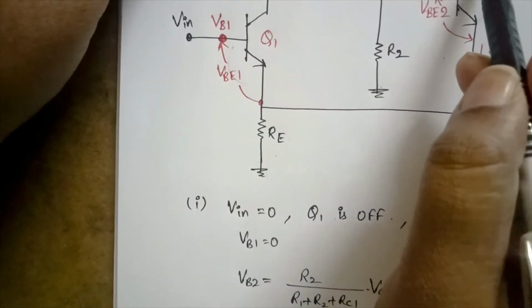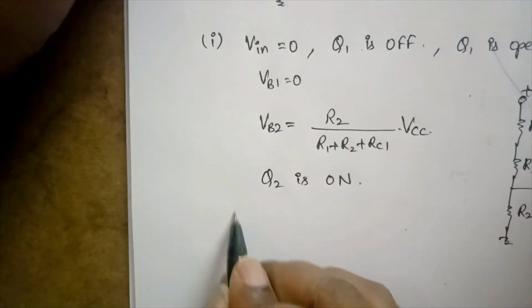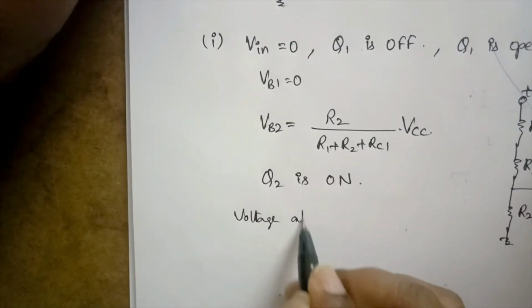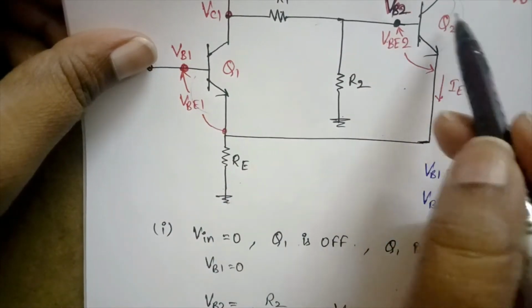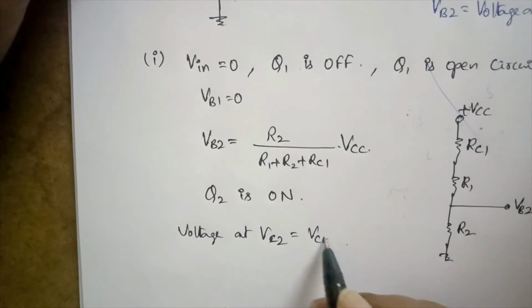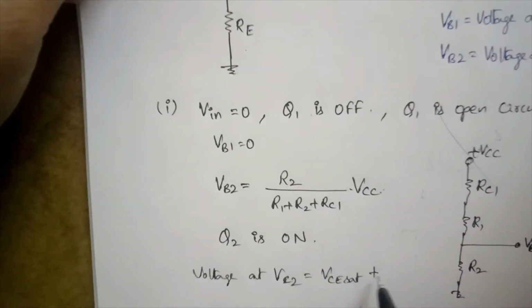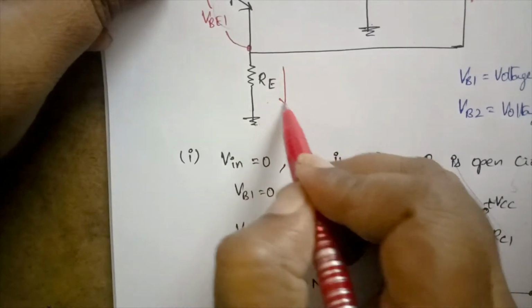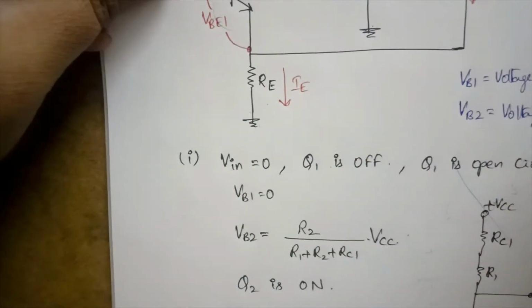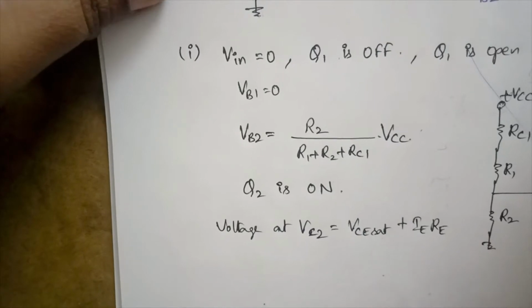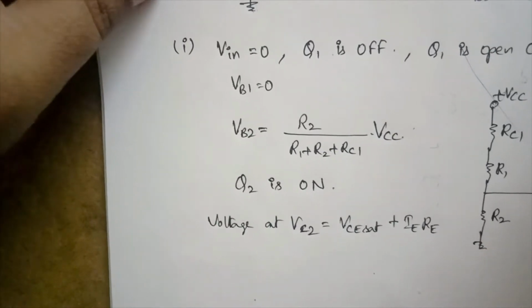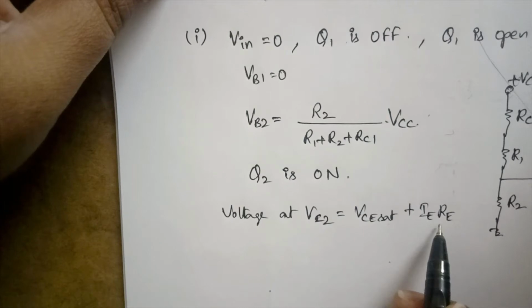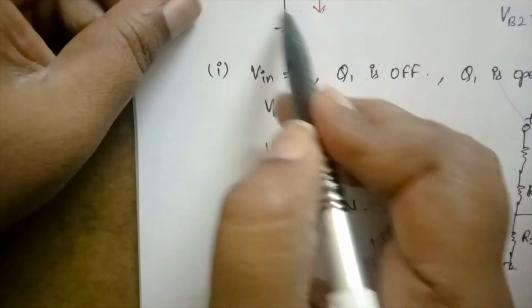So the voltage at VC2 is given by the drop across the transistor when it is on, VCE sat, plus the drop across RE, IERE, where IE is the current flowing through this resistor RE. So the output voltage is VCE sat plus IERE.